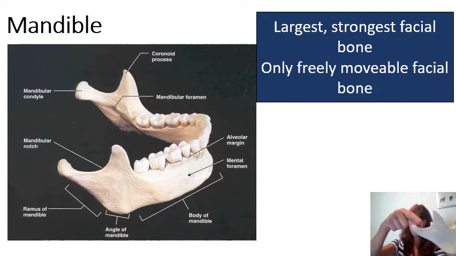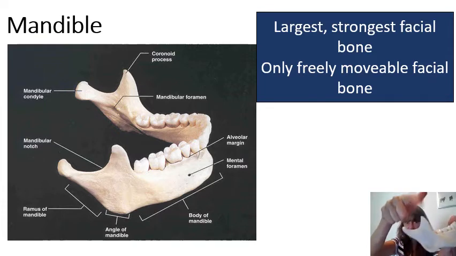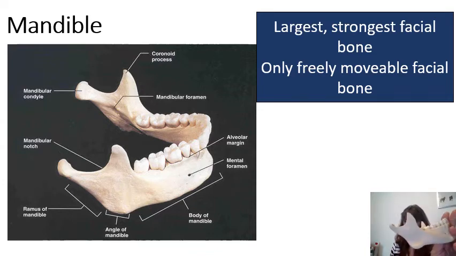We also have the mandibular notch, which is this little notch. Here we have the coronoid process. Corona means crown, so if you think of the points on a crown, that's the coronoid process.